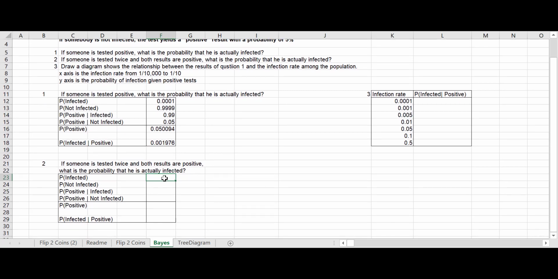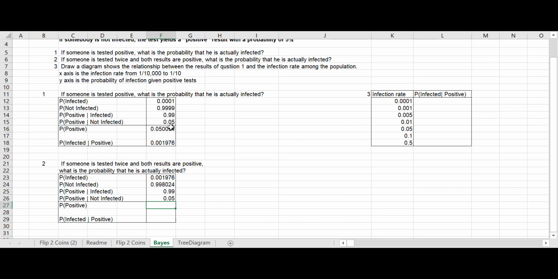His infection rate changed to this one, right? So it's not 1 out of 10,000. It's much higher because he already tested positive. Not infected is 1 minus this value, okay? And about the test, if infected, the test positive rate is still the same. If not infected, that's still 5%.